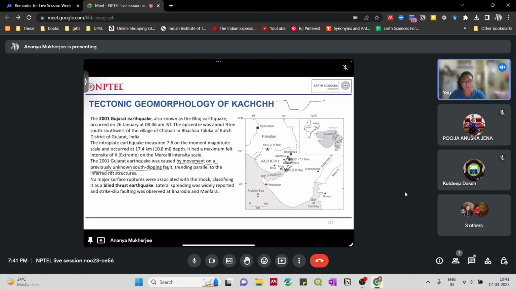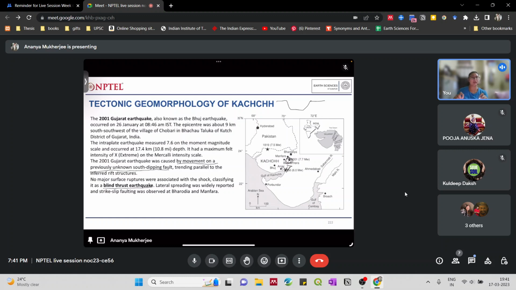That's why it's called a blind thrust earthquake, or it was on a blind thrust fault. The other effects of this earthquake were lateral spreading and strike slip faulting, which occurred because of the displacement along this fault.